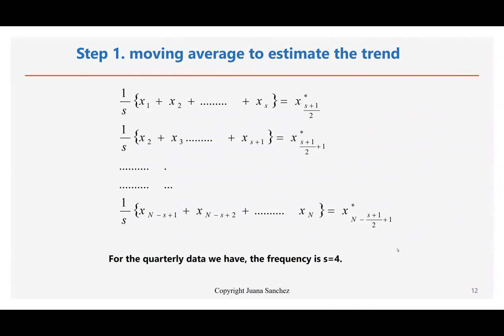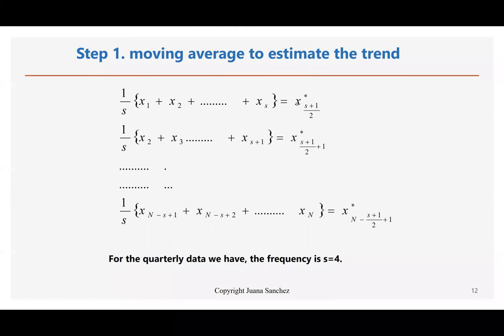What is a moving average to estimate the trend? Well, a moving average consists of just averaging values of the time series, and we usually do it taking into account the frequency. So if the frequency is quarterly, the little s will be 4. And this number here on the right with the star indicates where your trend is going to start.